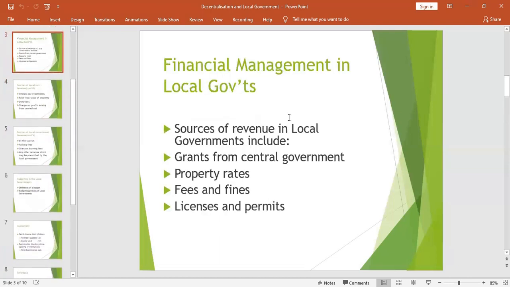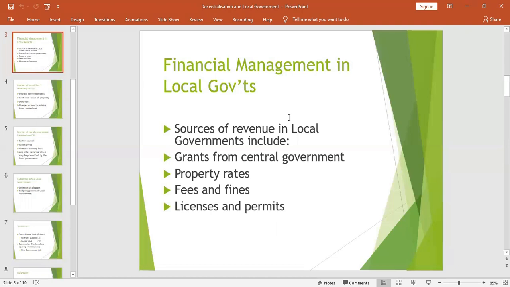Grants from central government is the first source. The central government gives grants to the local governments, and these grants are in various forms. They include conditional grant, unconditional grant, and the equalization grant. With conditional grant, the government puts conditions.